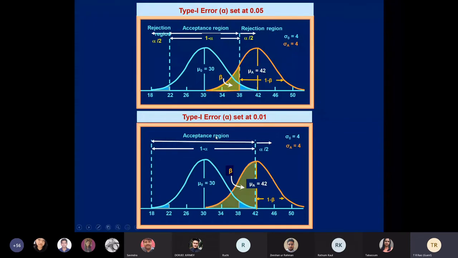You see, now I set this acceptance region to 99% and rejection at 0.01. That means I set up this alpha error only at 0.01. I don't want to risk 5 chances in 100, but I want to risk 1 chance in 100.